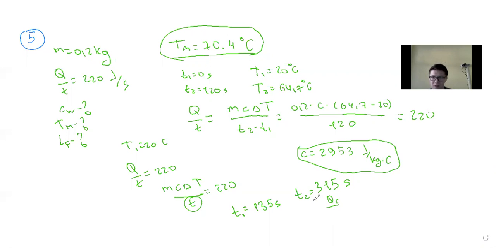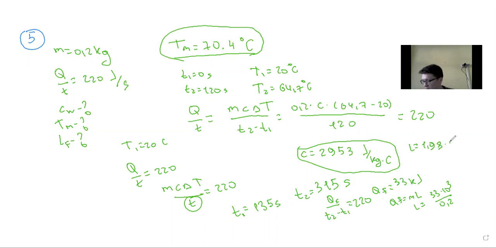Q over T2 minus T1 equals 22, and here Q equals 33 kilojoules, and we know Q fusion equals mL, and L equals 33 times 10^3 over mass 0.2, and we find that the heat of fusion equals 1.98 multiplied by 10 to the power of 5. That's our answer, joule per kilogram.